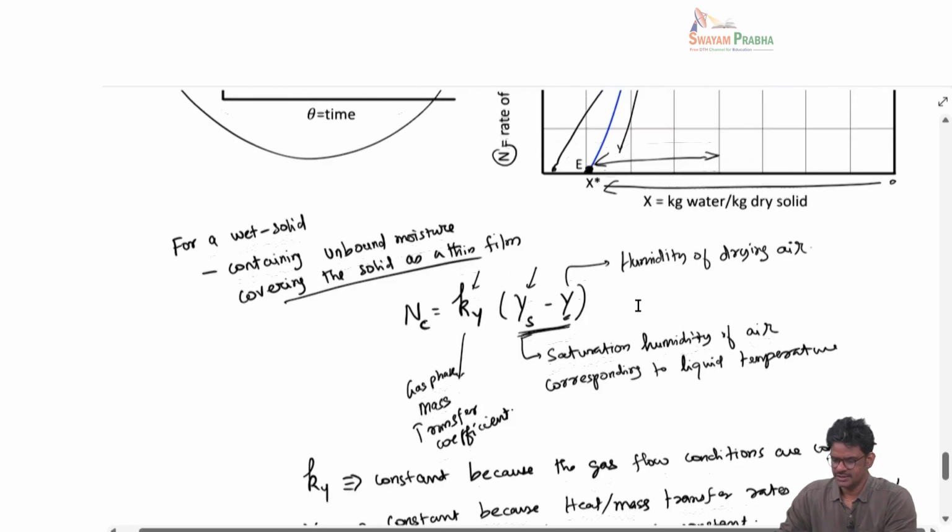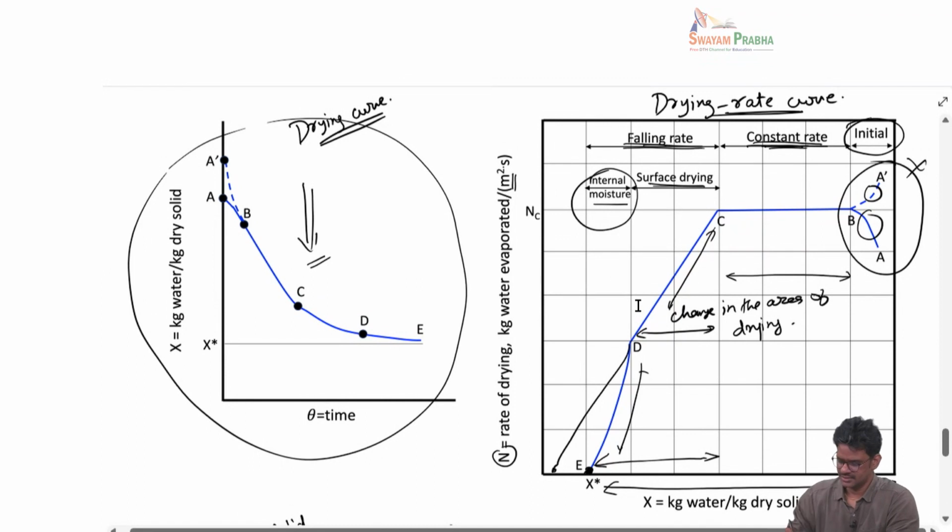So you can see in this figure, the critical moisture content is somewhere here. Okay, the point where the switch between constant rate and falling rate happens is called the critical moisture content, corresponding to this point.